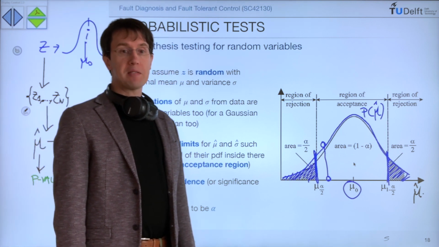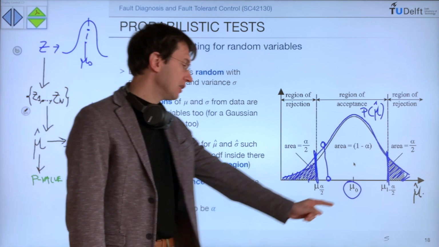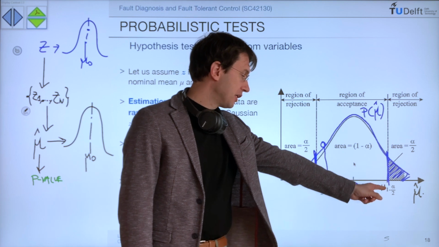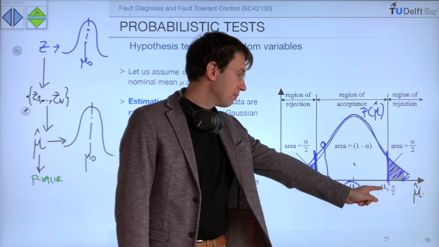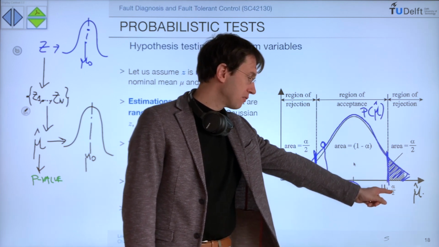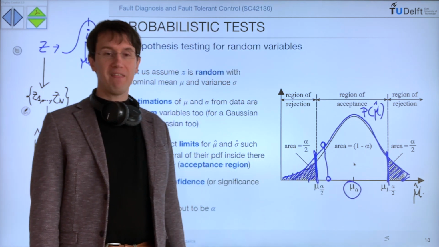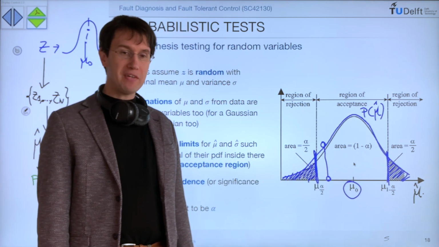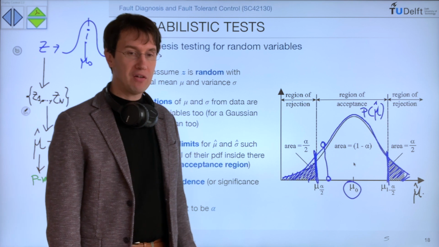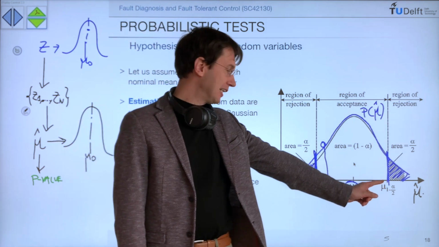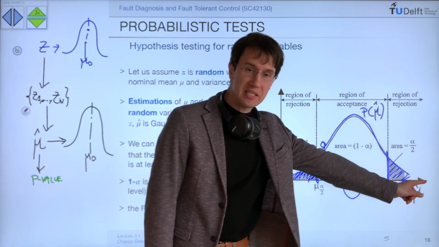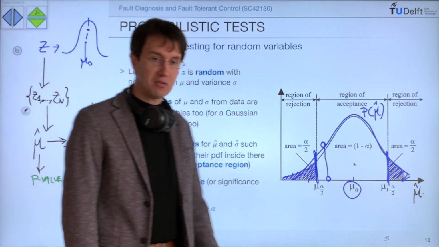If in another experiment you get a mu hat that is equal to this value here, this border, mu 1 minus alpha over 2, then the p-value is again alpha over 2. So the probability of getting this value or more extreme, bigger, is alpha over 2.